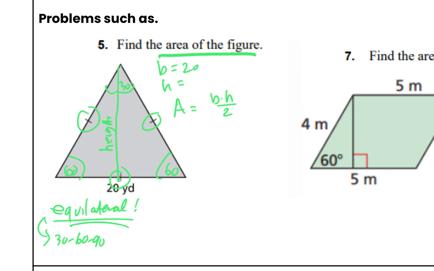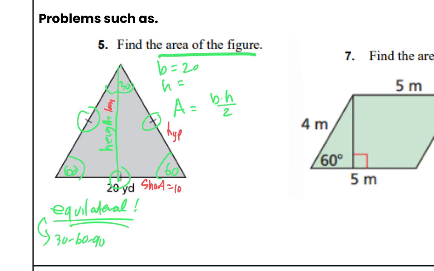So what do we know? If the whole thing is 20, the whole short is equal to 10, right? So we're trying to find the long, and we know that this is the hypotenuse, right?